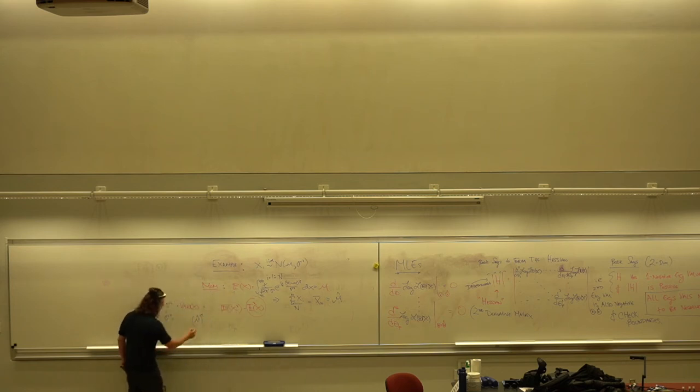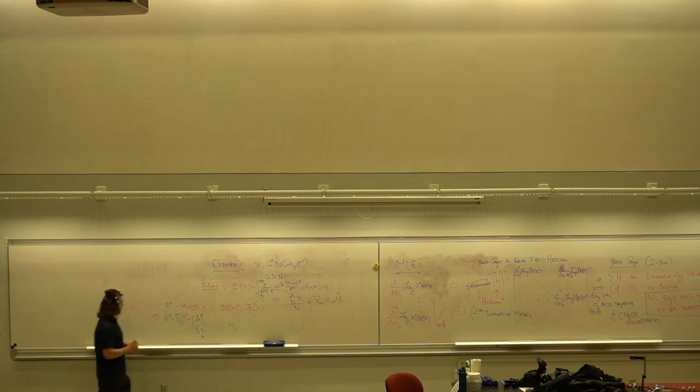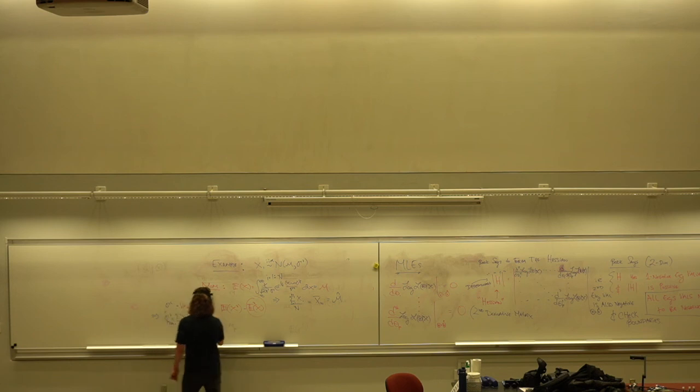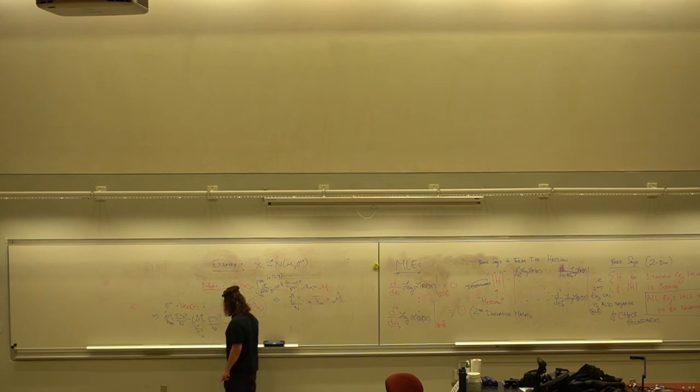That's just x bar. And then I'm going to subtract it from my second moment. This is a MOM estimator. Just looks like this. Sum of the xi's over n squared minus sum of the xi's over n all squared.